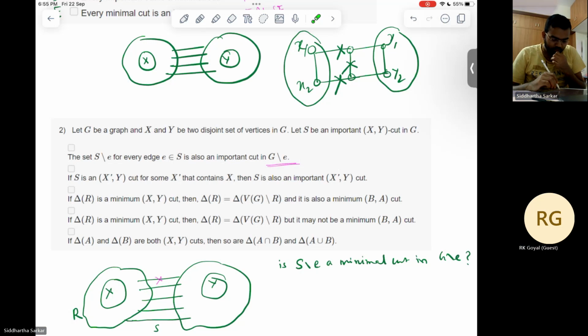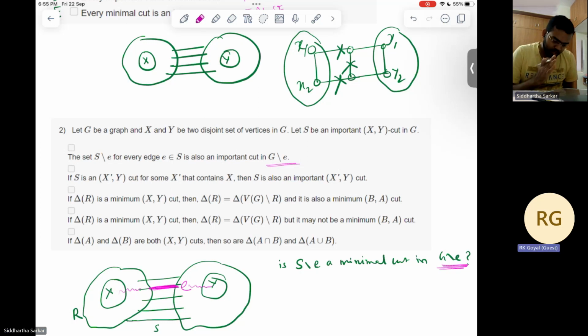So let us fix an edge. Let us say this is an edge, this is E, and we have this new graph G minus E. In this new graph G minus E, the path which used to exist connecting X and Y via E is no more there.